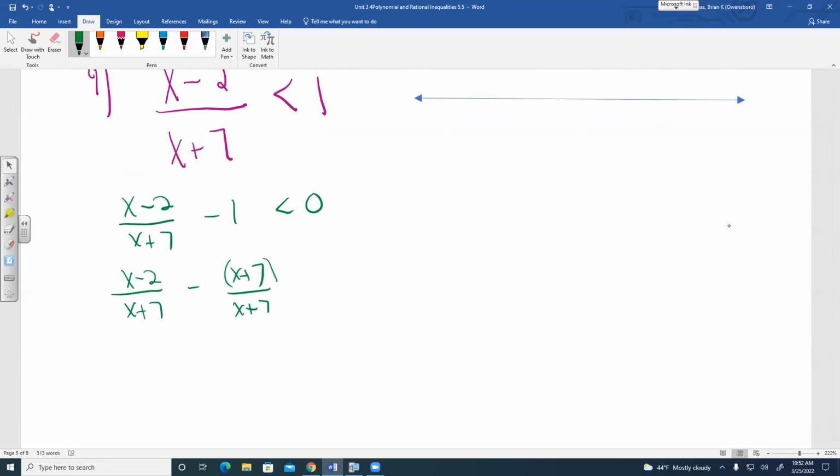Okay, so this becomes then x minus 2 minus x minus 7 over x plus 7. So this gives us then, again, our new function is going to be negative 9 over x plus 7.